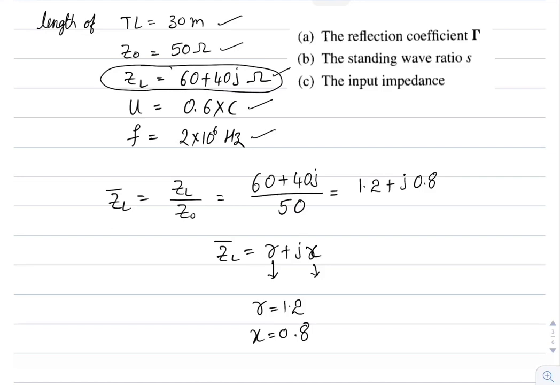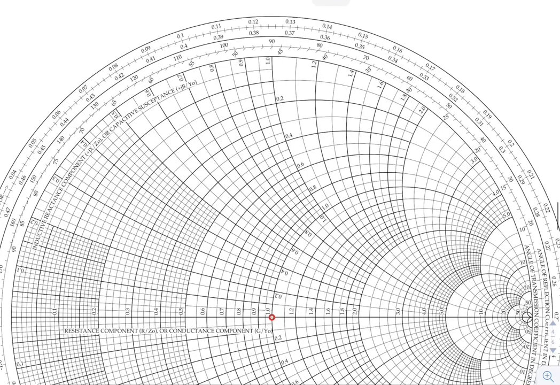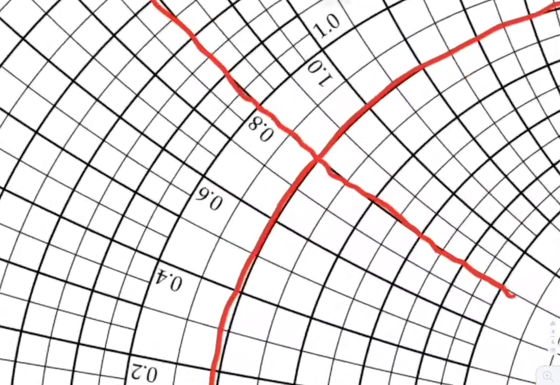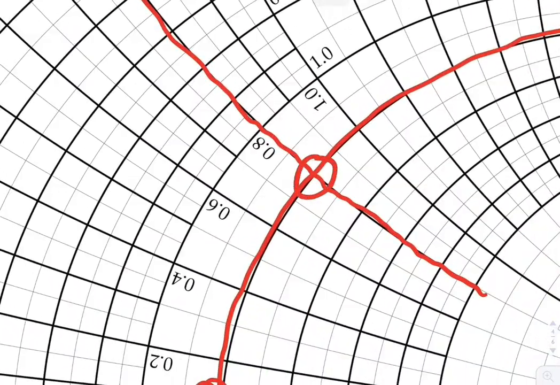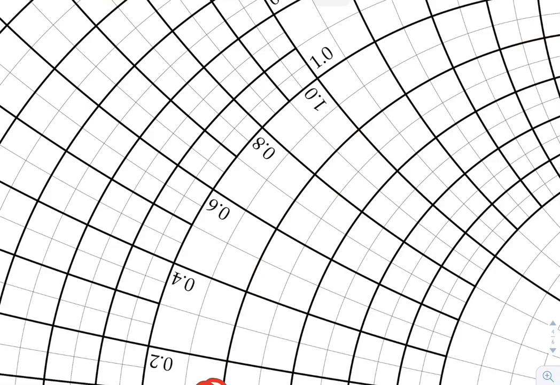Now we have to locate the r equal to 1.2 circle and the x equal to 0.8 circle on the Smith chart. On the Smith chart, r equal to 1.2 means this circle, and x equal to 0.8 means this circle, and the intersection of these two circles is this point. So I will mark this point now.